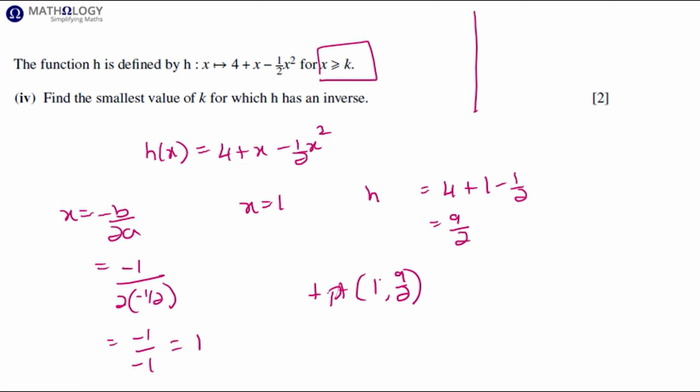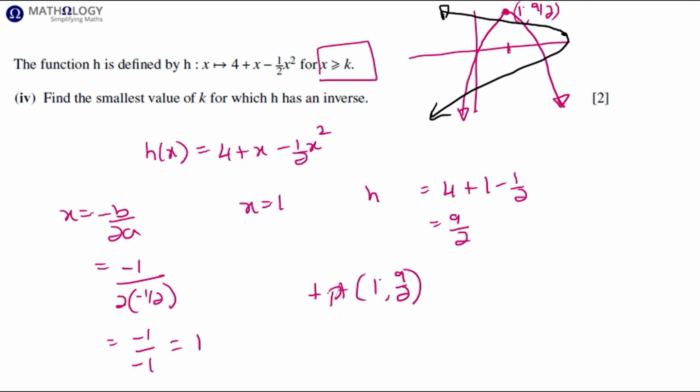If we just draw a rough sketch of this function, and again, it doesn't need to be 100% accurate. So we've got a turning point, that's the turning point 1, 9 over 2. The function will look something like that. When we draw the inverse of this function, we'll get something like that. And the inverse of h clearly fails the vertical line test because we have many outputs for a single input.